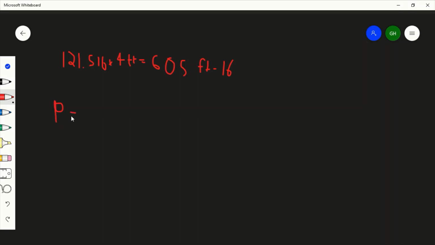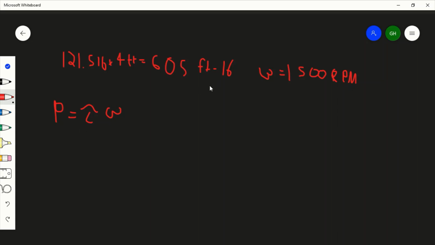So now, since we know power is equal to torque times rotational velocity, and rotational velocity is RPMs. So we have this.